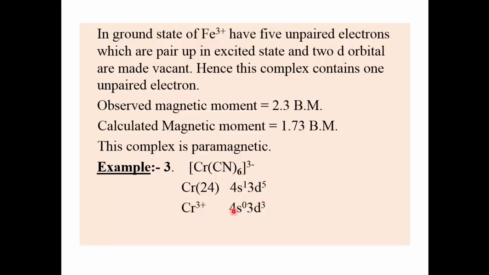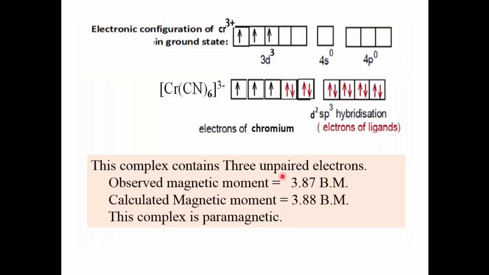There must be loss of 3 electrons. Hence this 1 and 2 electrons from the 3d orbitals are lost to form the Cr3+ ion. And hence this is the 4s0 3d3 configuration. See, this Cr3+ contains 3 electrons in the 3d orbitals.